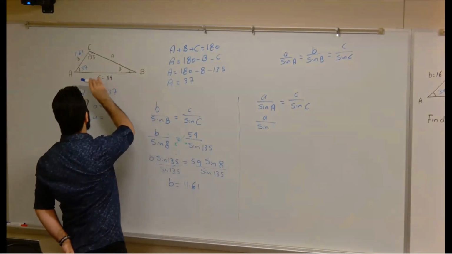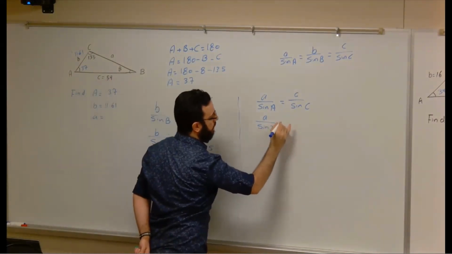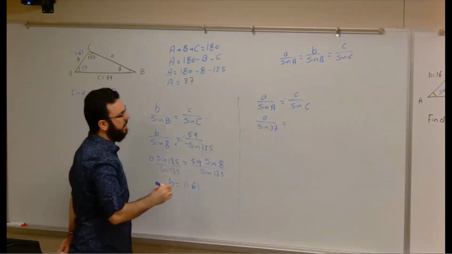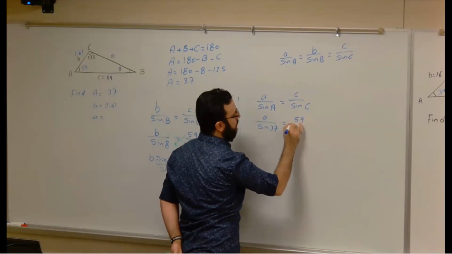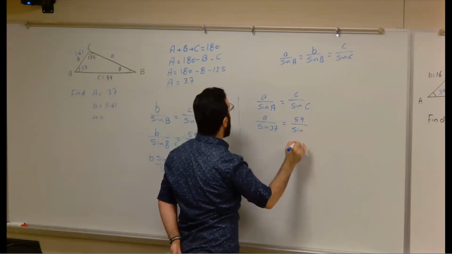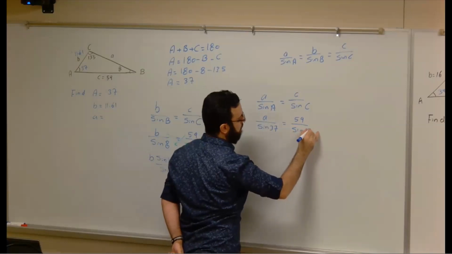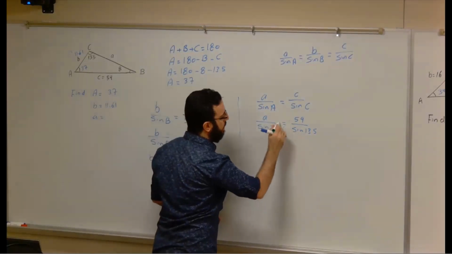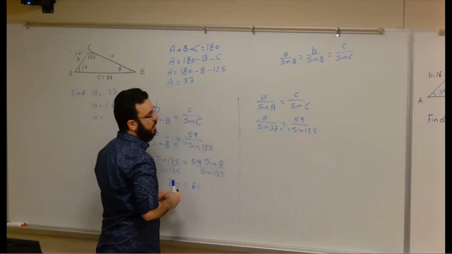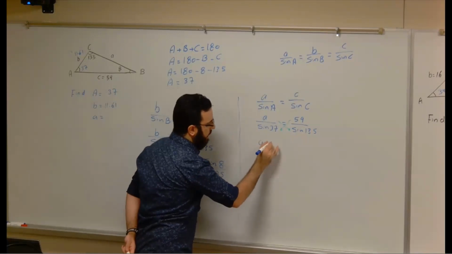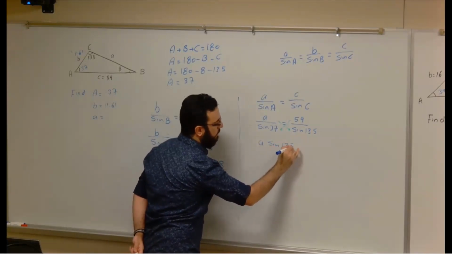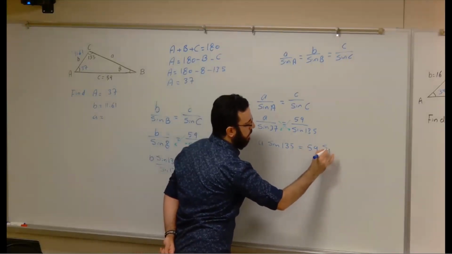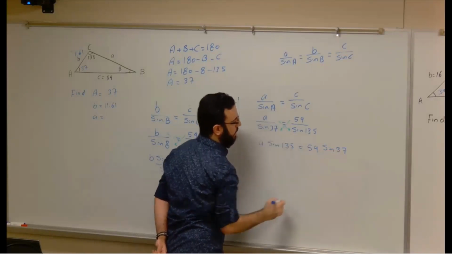That means A over sine angle A is 37 equal. C is equal 59. That means 59 over sine. How much is C? 135. Again, we're gonna do the cross product. That means it's going to be A sine 135 equal 59 sine 37.